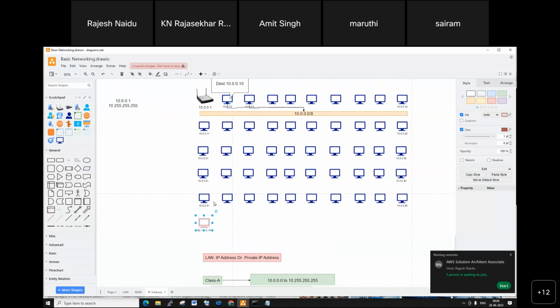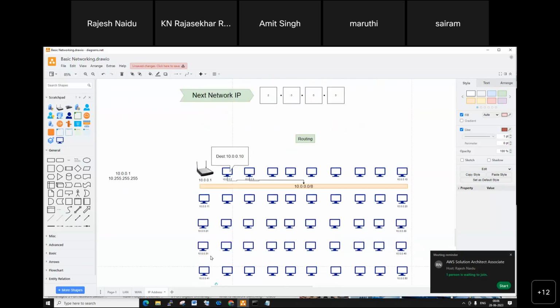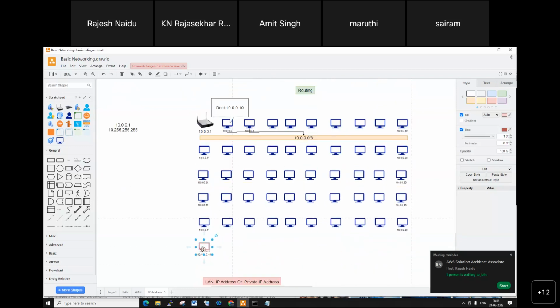Why is it not communicating? Because there is no routing table entry for it. How can you connect them? The concept is route adding, a network route adding concept. That's an advanced concept in networking, so we will see it practically. As of now, theoretically we have learned many things about networking.